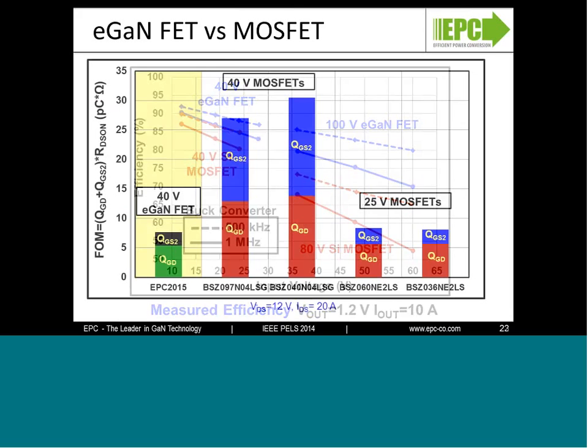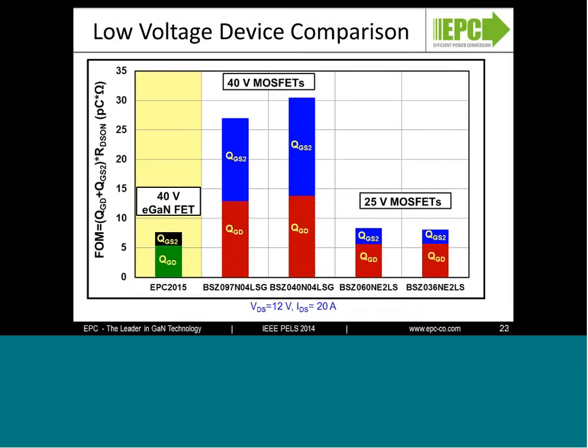So what we want to talk about here is the point of load, and in particular a low voltage point of load, which is very common, a 12-volt input application in server, telecom, and a variety of applications. So let's look at how GaN compares to silicon at lower voltages.